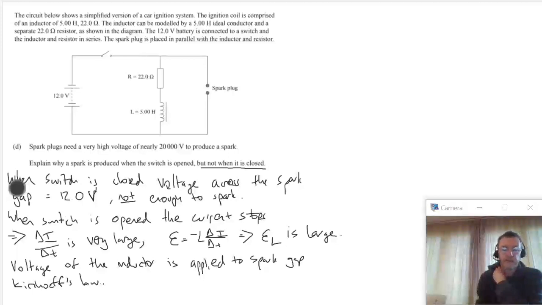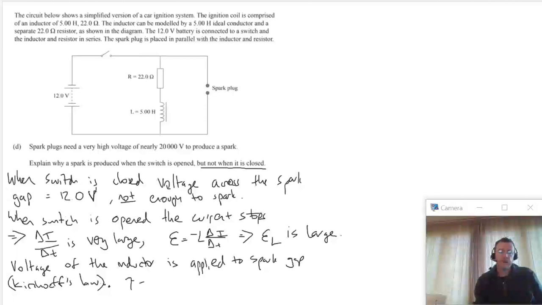We'll just put Kirchhoff's law in brackets. And so that's a second point we can make. And a third point I think we should probably make is that there is a very short time constant. So why do we get a spark, not just a slow discharge?